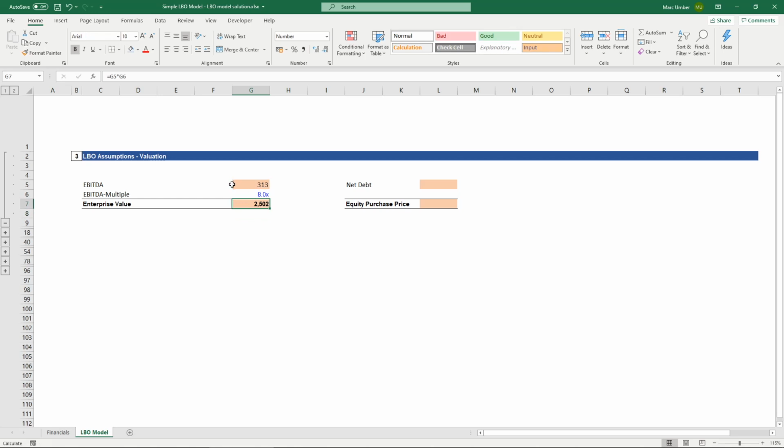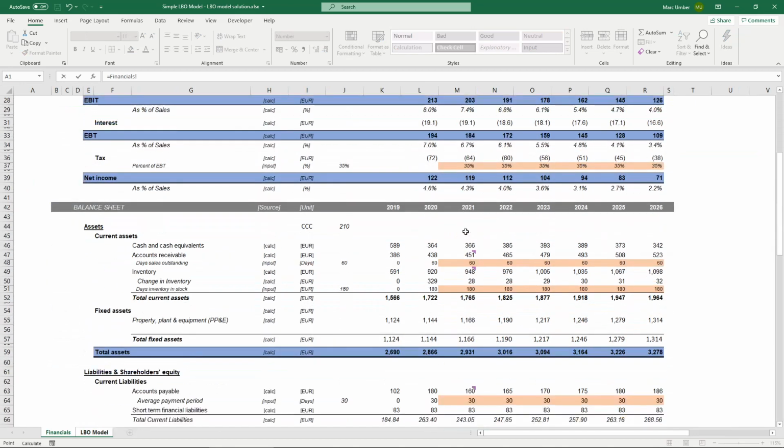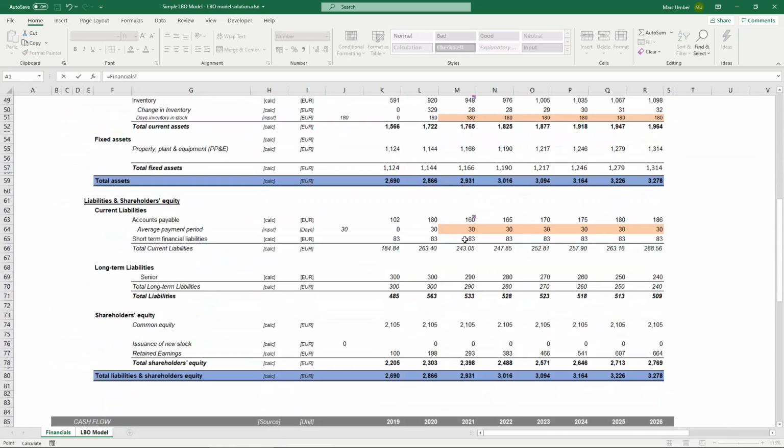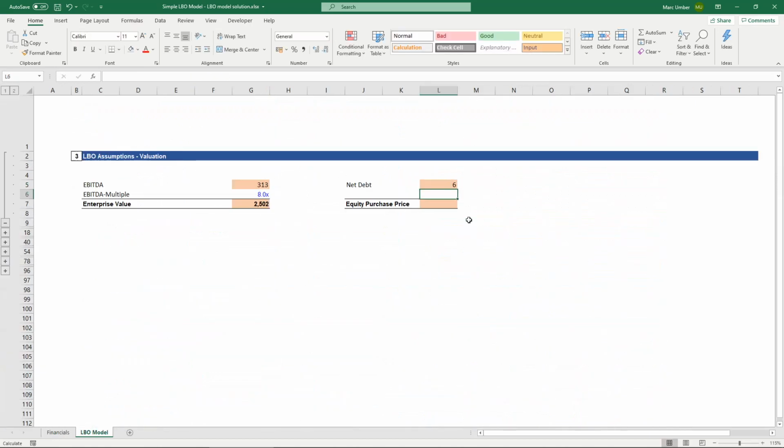of 2.5 billion euros. Now to get to the equity purchase price, we first need to get the net debt of this company. So we go to the balance sheet, take the sum of the short-term and the long-term debt minus cash.